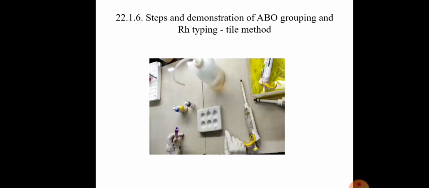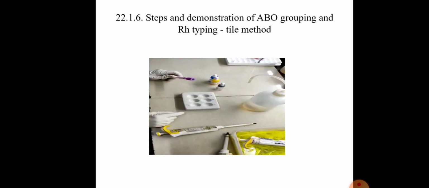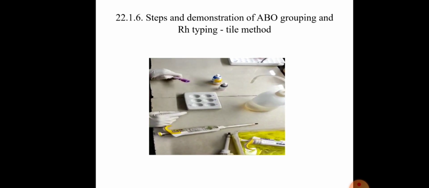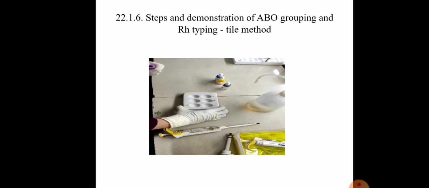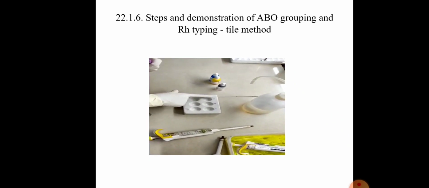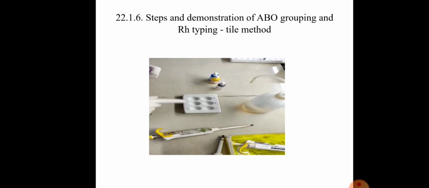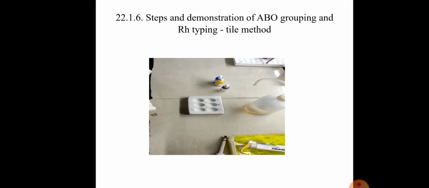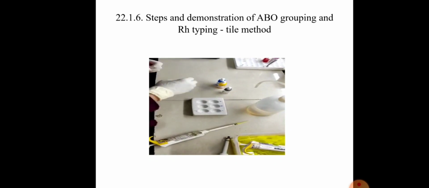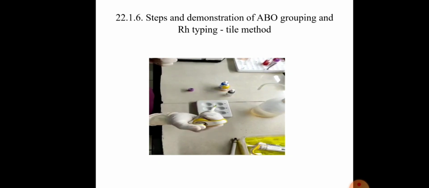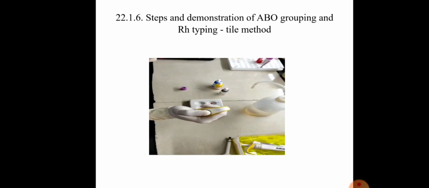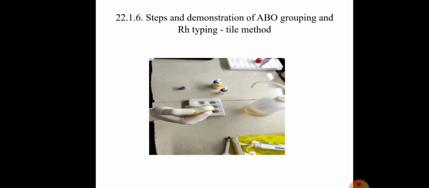In this video, my resident will demonstrate how to perform blood grouping. Take a tile and label it accordingly: A, B, D, and C for control. Now, with the help of a pipette, take a drop of blood in each.